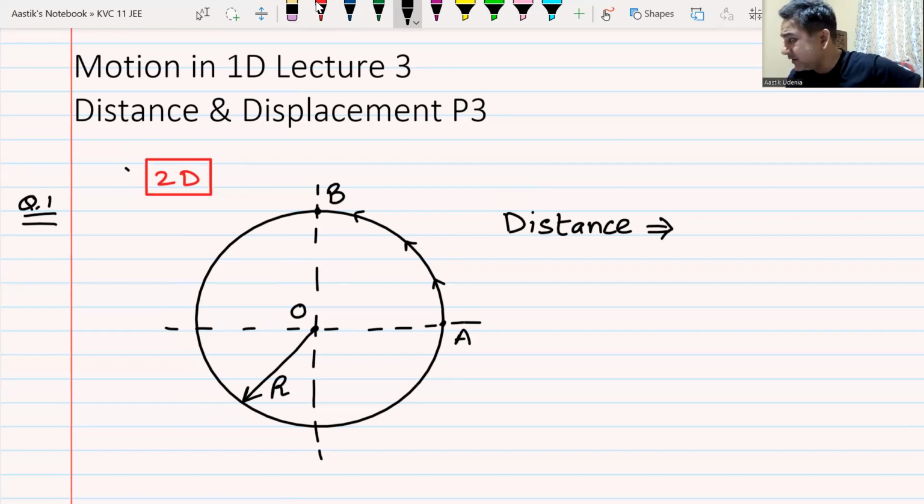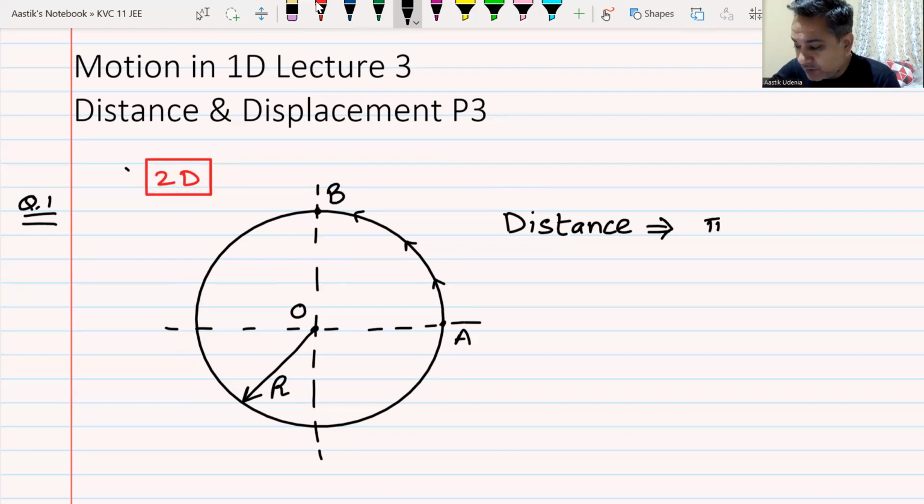I hope everyone is noting down the question and trying to solve it. Two pi r, sir. He has gone from A to B, beta. Please think again. Pi r by 2.